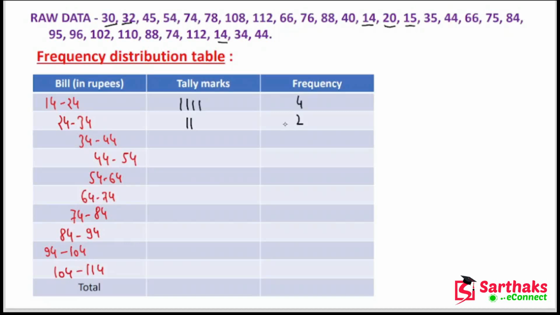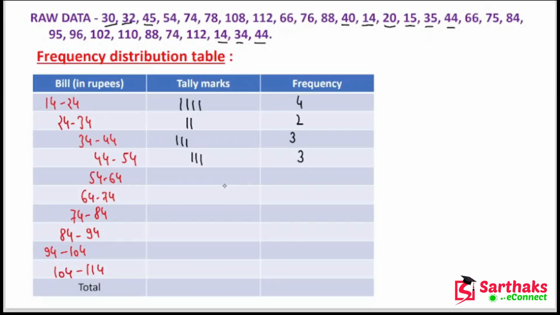Then from 34 to 44, 44 will not be included, so we have 1, 2, 3. Now let us see from 44 to 54. 54 will not be included, so we have 1, 2, 3. Again 3.